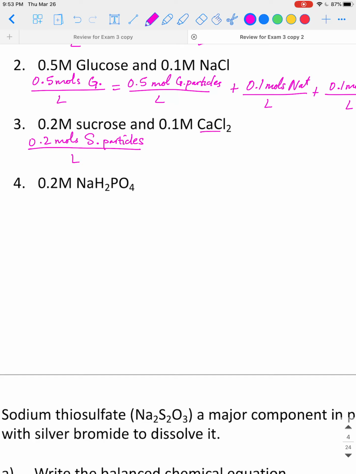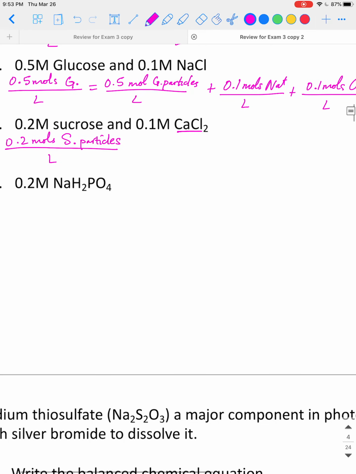Now let's think about calcium chloride here. If I have 1 molecule of calcium chloride, I will get 1 calcium cation, and I will get 2 chloride anions, okay? So we're going to keep that in mind as we write out the osmolarity for this.